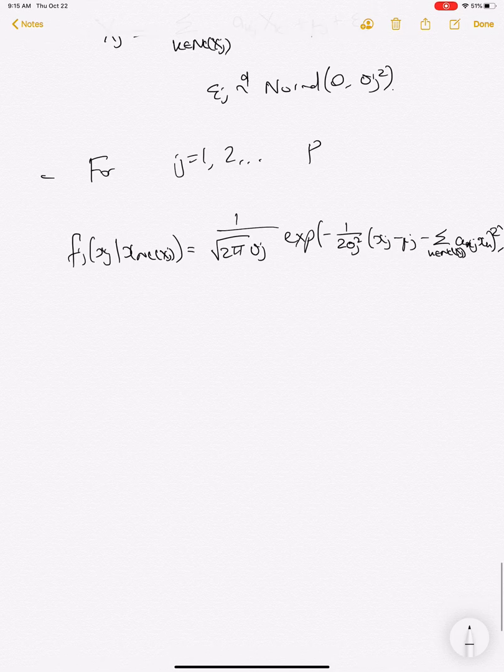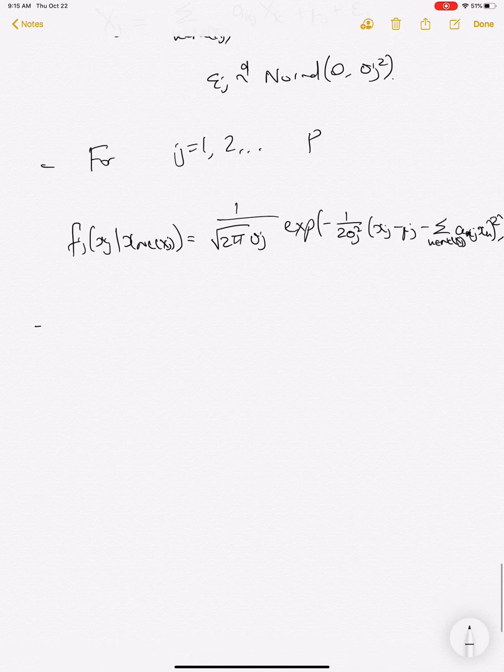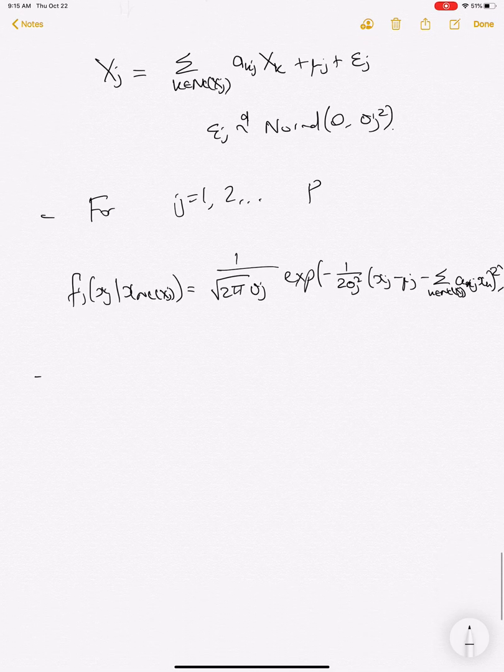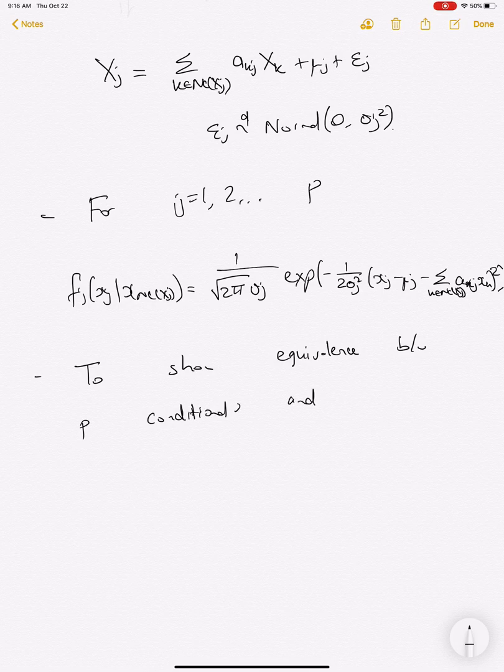To show equivalence between the p conditionals and the joint multivariate normal model is challenging, and it's beyond the scope of what we're covering in this course.